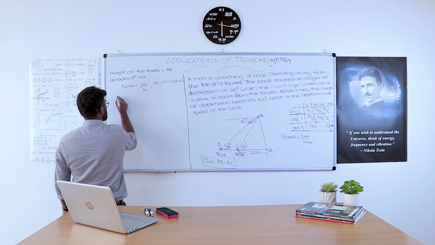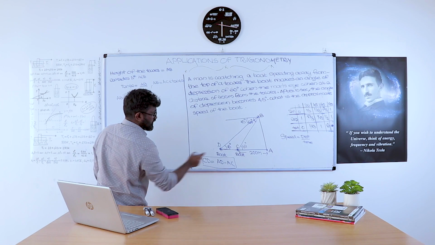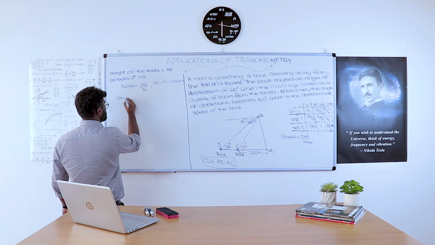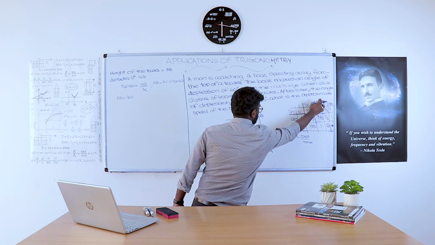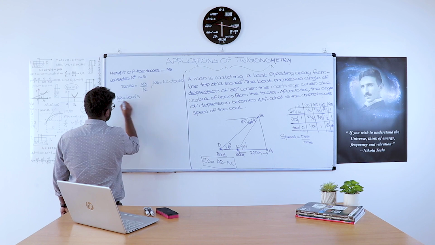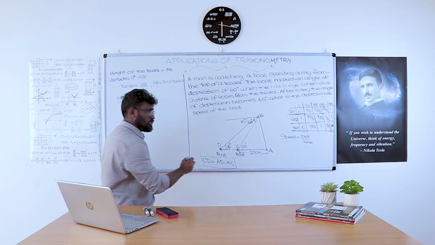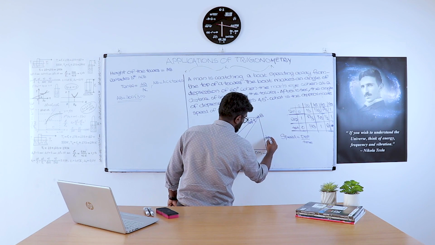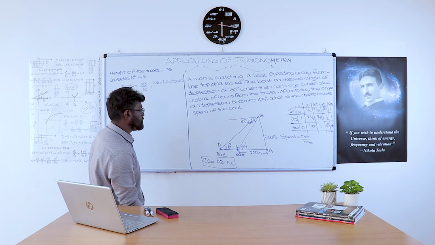AC equal 200, so 200 into tan 60. Tan 60 is root 3. So 200 root 3 meter. The height of the tower is 200 root 3.